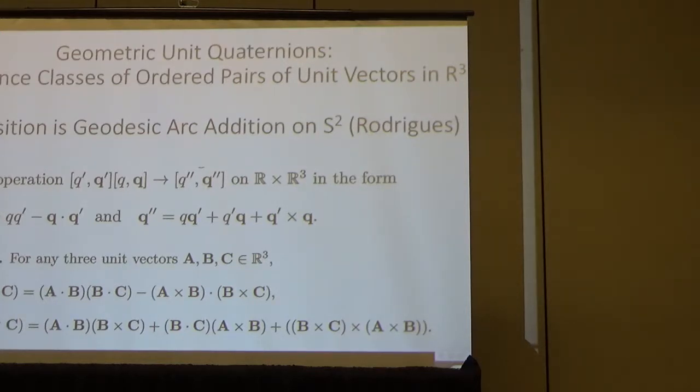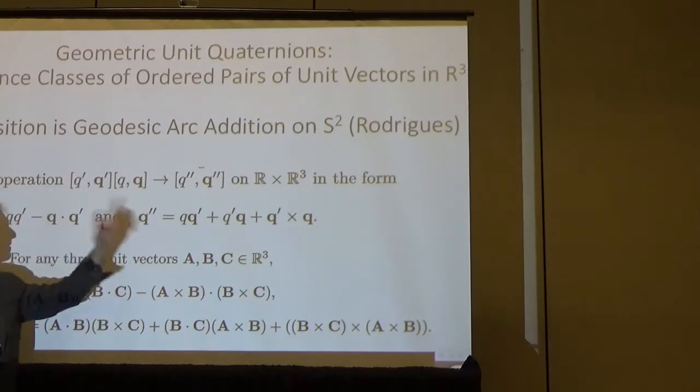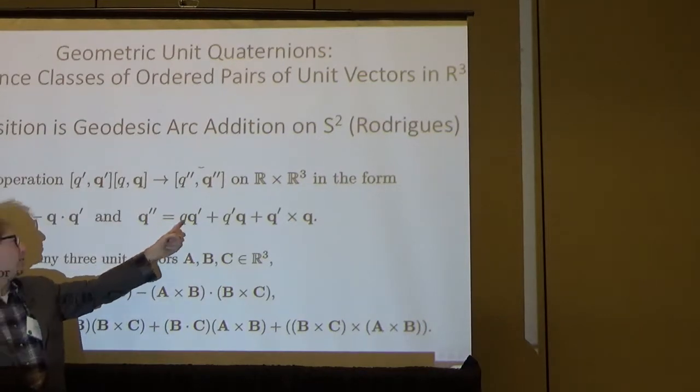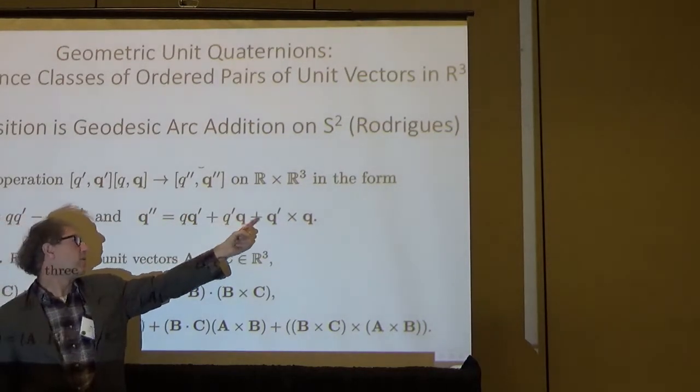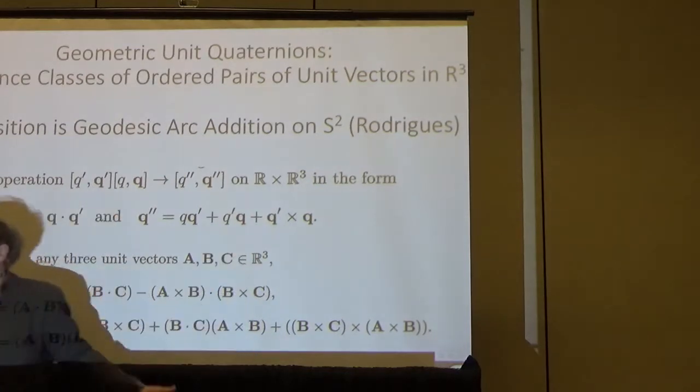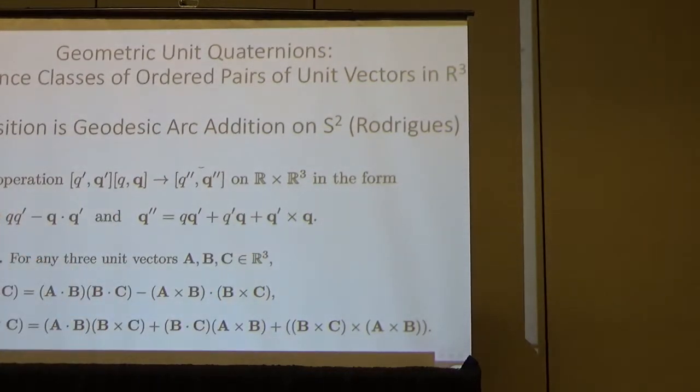So essentially it's the fact that the scalar part of quaternion multiplication is scalar 1 times scalar 2 minus vector 1 dot vector 2. The vector part is scalar 1 times vector 2 plus scalar 2 times vector 1 plus the cross product. And that's just a really neat little identity of 3 unit vectors, 3 points on S2.